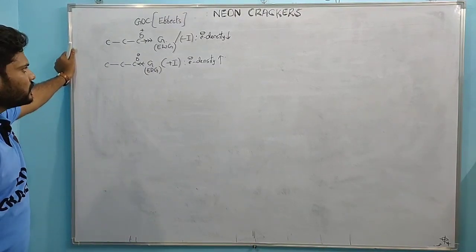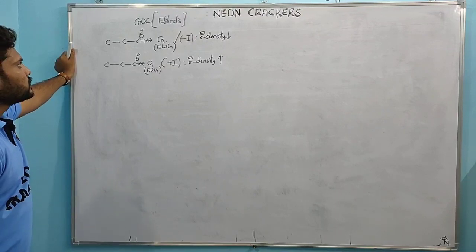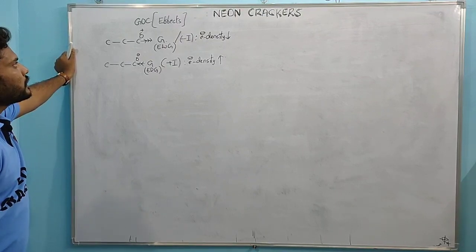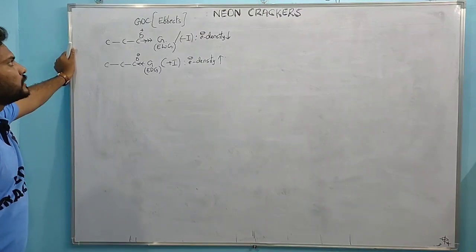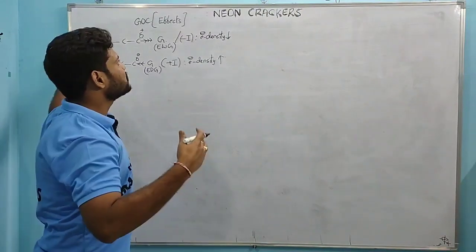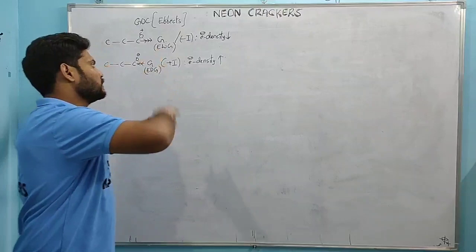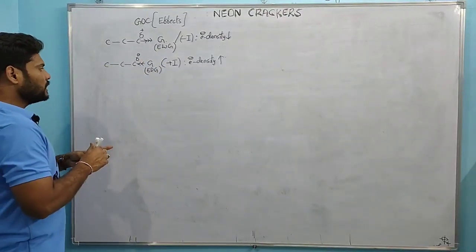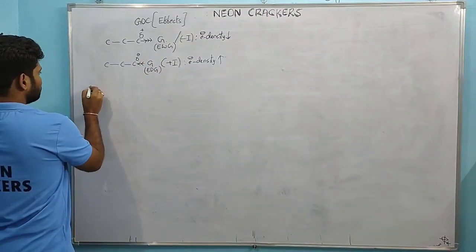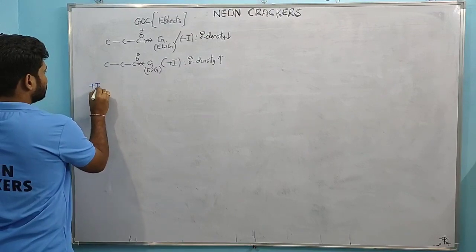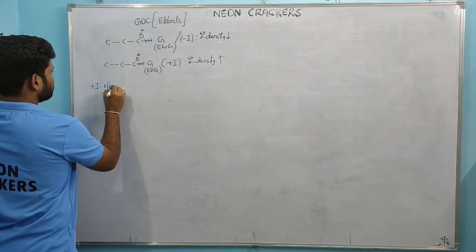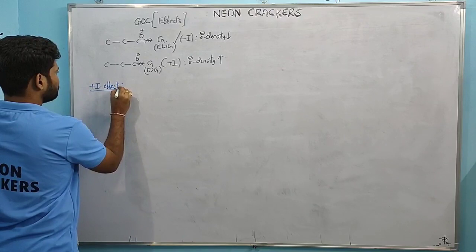Now let's see one by one: the factors of groups of plus I, the factors of groups of minus I, and then the applications of plus I and minus I. First is the plus I effect, and first we have to know the factors.